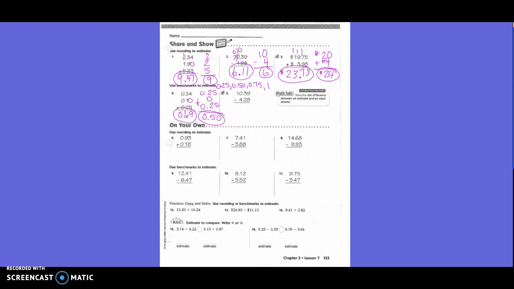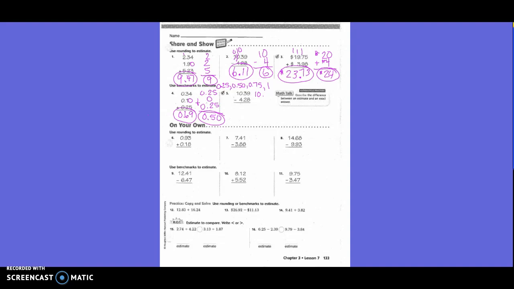Okay, on this one, since we have the 25 hundredths, 50 hundredths, 75 hundredths, and so on, 10 and 39 hundredths would be rounded to what? 10 and 25 hundredths or 50 hundredths? 50. It's 14 away from 25 and it's 11 away from 50.